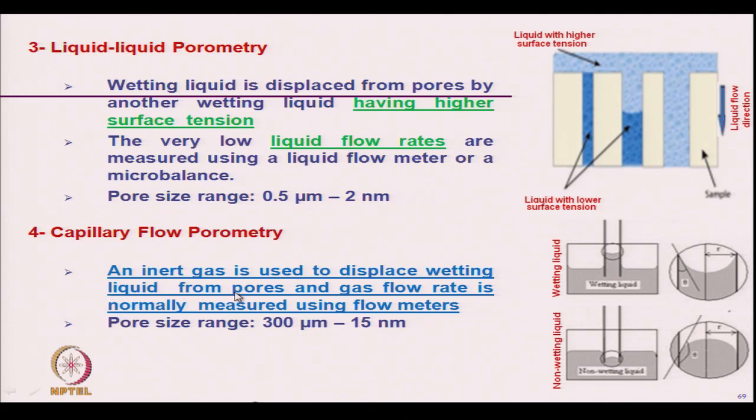An inert gas is used to displace the wetting liquid from pores, and gas flow rate is normally measured using a flow meter.